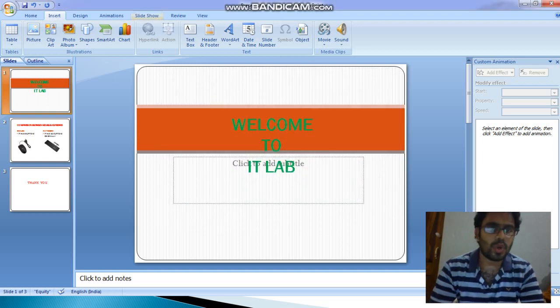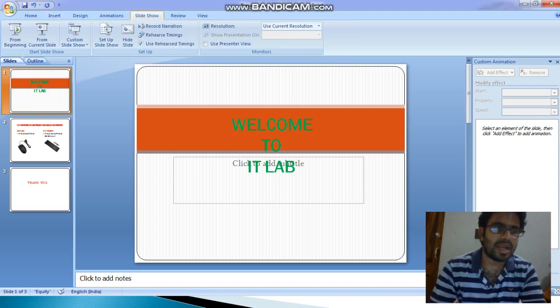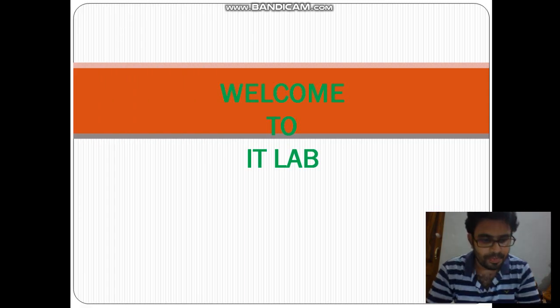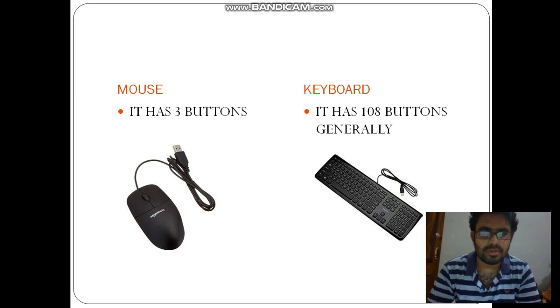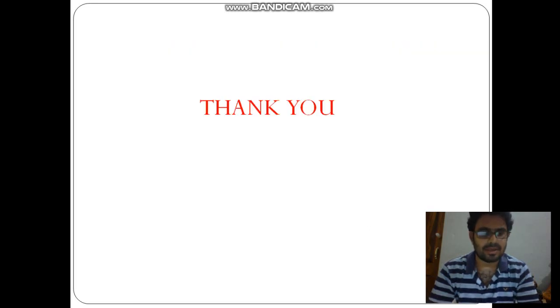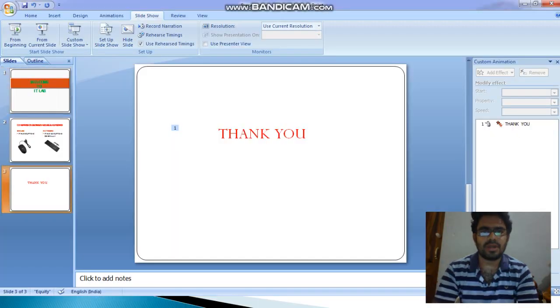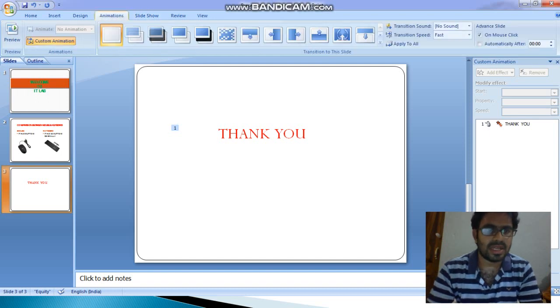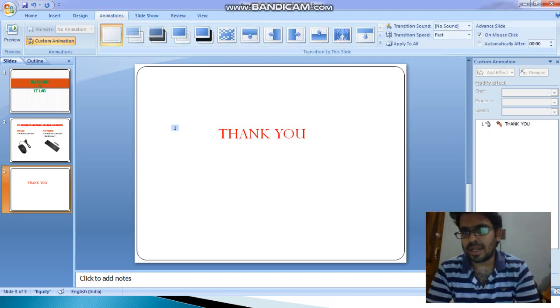Okay, so now we are going to play the slideshow. Go to the slideshow tab, and click on from beginning. Now I am showing you by clicking the mouse button. By clicking the mouse button, the slides are showing one by one, but we can also change it to automatic.